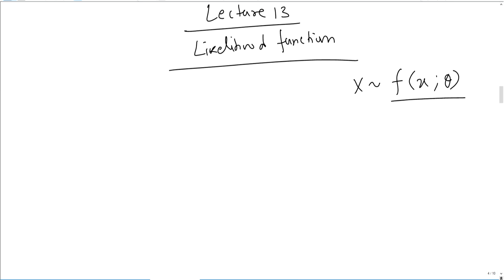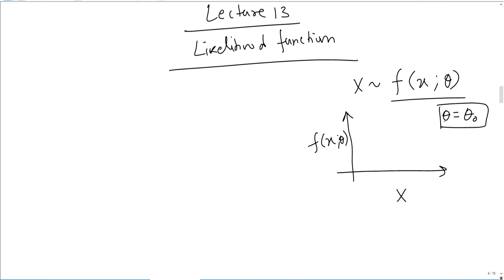Then you can draw actually two kinds of graphs. One is the graph of the probability density function, which is the graph between values of the random variable x and these probability densities f of x theta. But you can draw this assuming theta is known and fixed, some fixed value of theta.